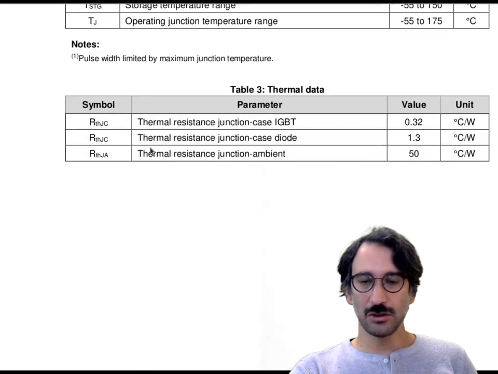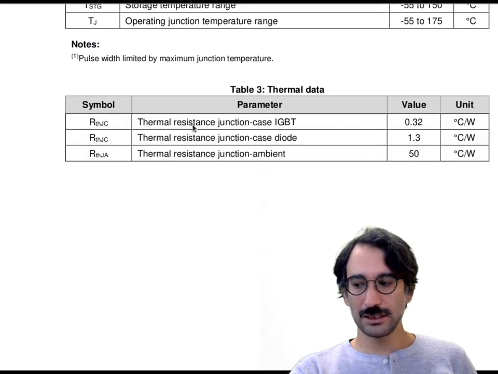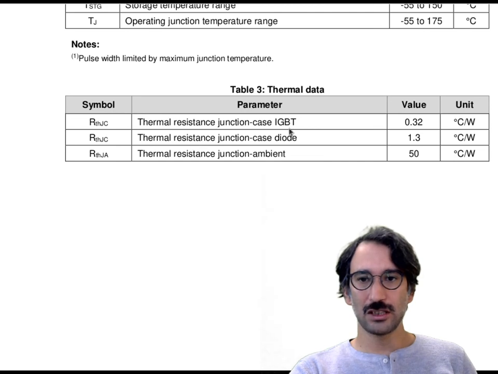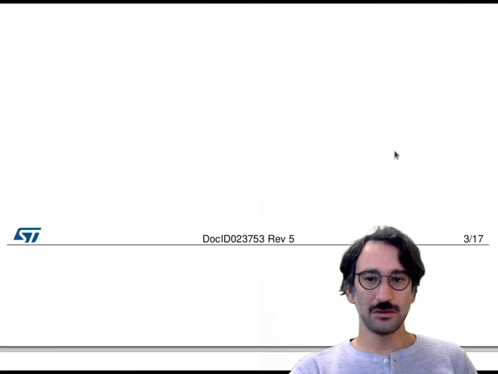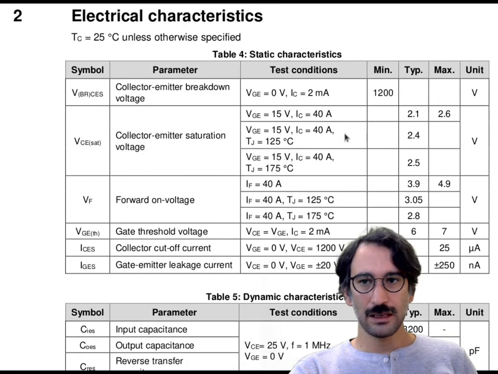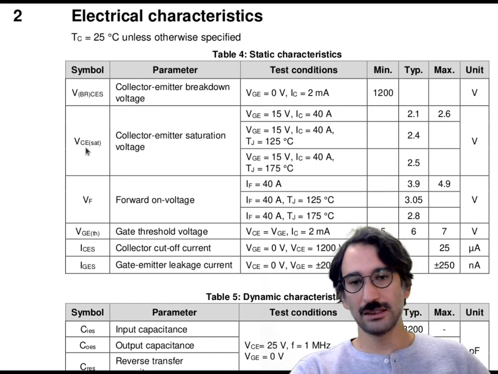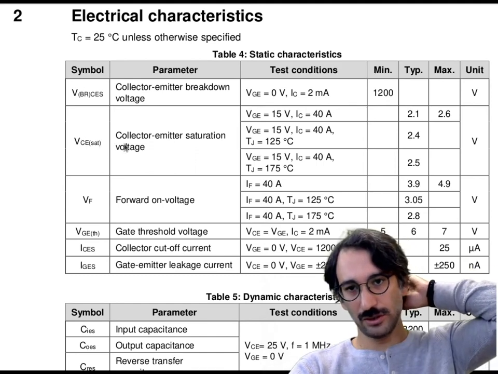And they have the thermal resistances. We will talk about those things in the following weeks. Junction to case for the IGBT and diode, so internal diode, and the junction to ambient is like 50 Celsius per watt. Anyway, that number is quite important to calculate the efficiency or conduction losses.